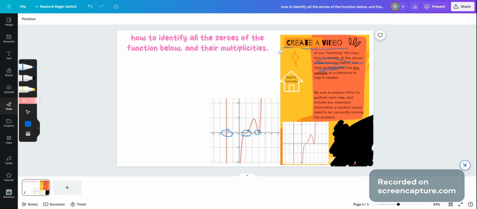And something important to note: when it comes to these shapes, you may think, oh, well, since we have 3 zeros, then obviously we have 3 multiplicities, because 3 is just a great number. No, that's not how that works. There is something more significant to how these lines are actually shaped and how they cross the x-axis.